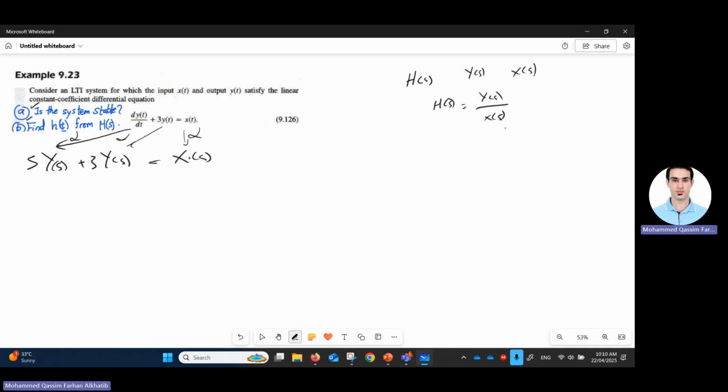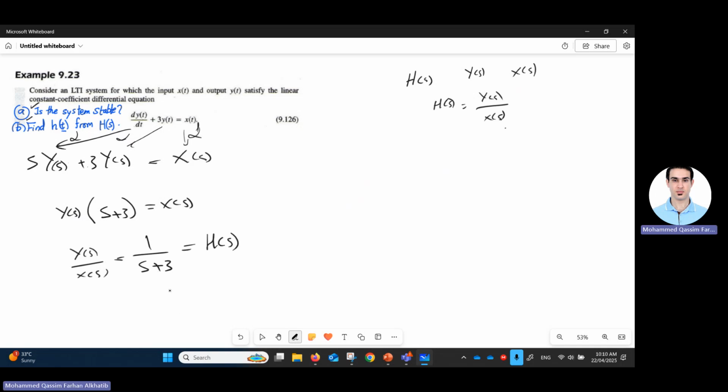So I applied the Laplace transform to each element. Here we can easily take Y(s) as a common factor: it's going to be (s plus 3) Y(s) equals X(s). So to evaluate Y(s) over X(s), I'm going to get 1 over s plus 3. And that's H(s).